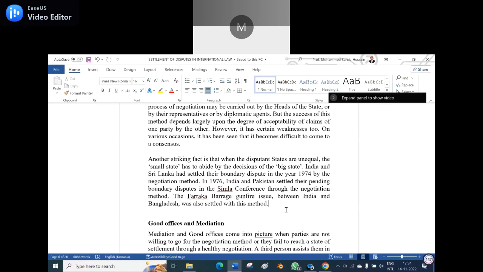Shimla is a hill station. They settled the dispute through the negotiation method. The Farakka Barrage issue between India and Bangladesh was also settled with this method.